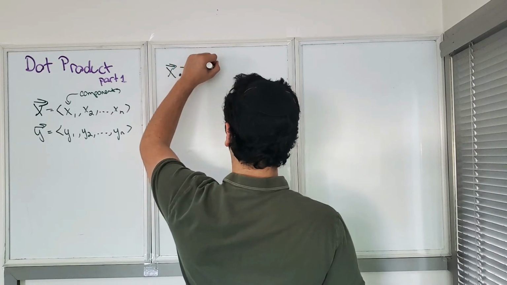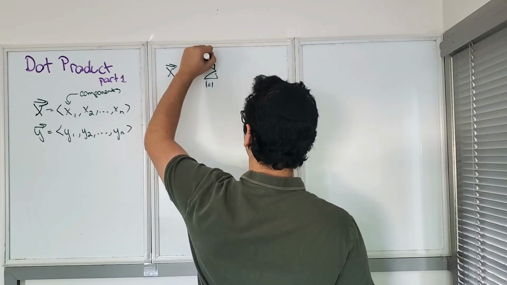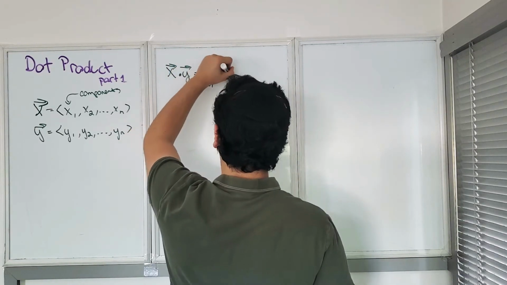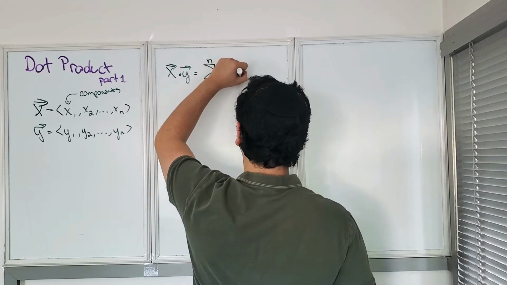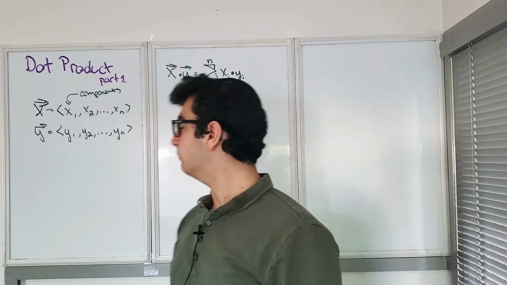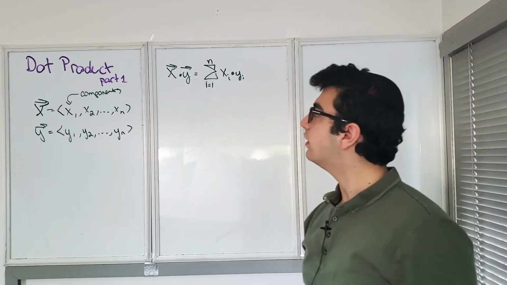We're going to write that as the summation from i equals 1 to n of xi times yi. And so this is just saying that you multiply all of the components together. Very simple.